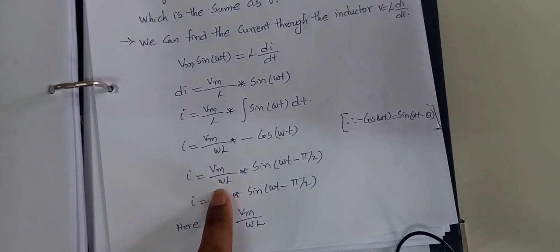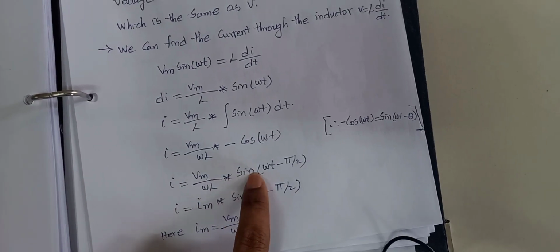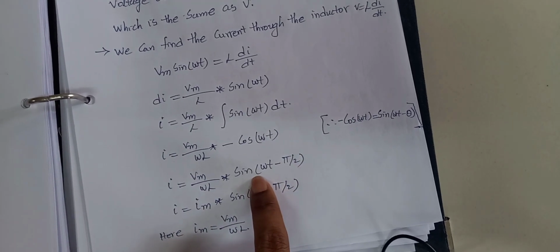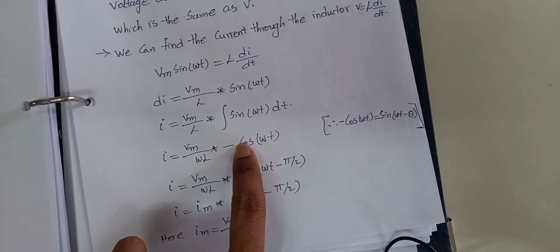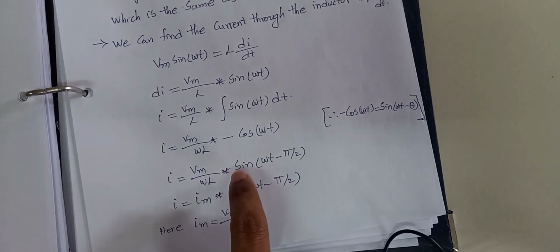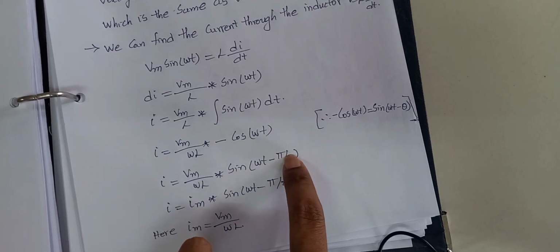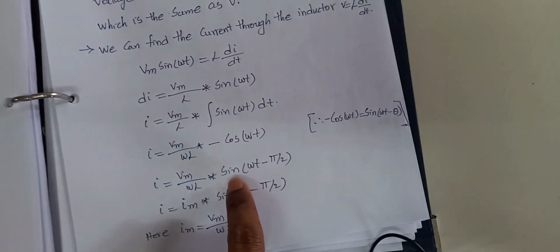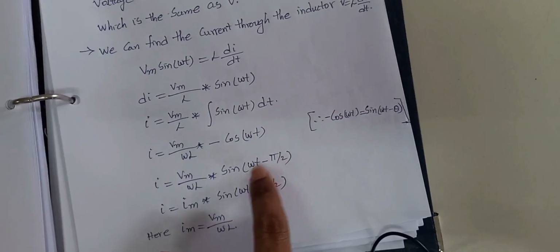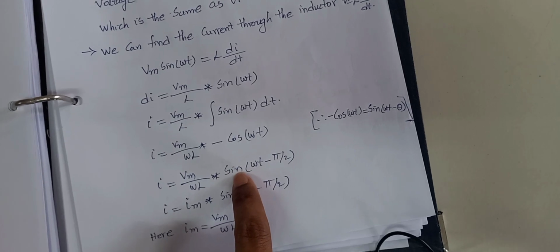Now this equals Vm by omega L into sin of omega t minus pi by 2. Why minus pi by 2? Here we got cos omega t, and we can convert that cos omega t into sin of omega t minus pi by 2. It means this is sin of omega t minus theta; that formula you have to remember.